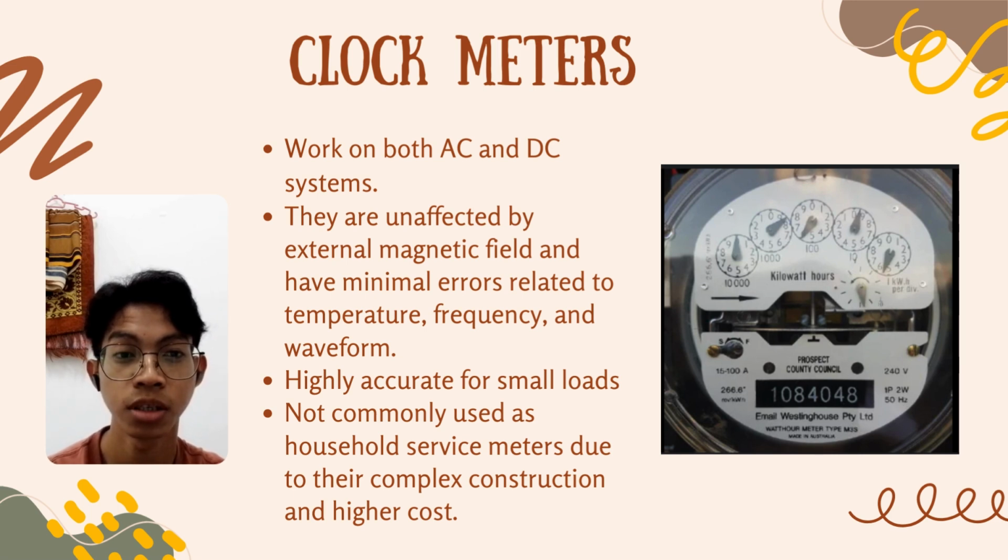This type of meter is particularly accurate for small loads and making it ideal for specialized application where precise measurement is critical. However, due to the complex construction and higher cost, the clock meter are not commonly used as household service meter, where simpler and more cost-effective alternatives are preferred.